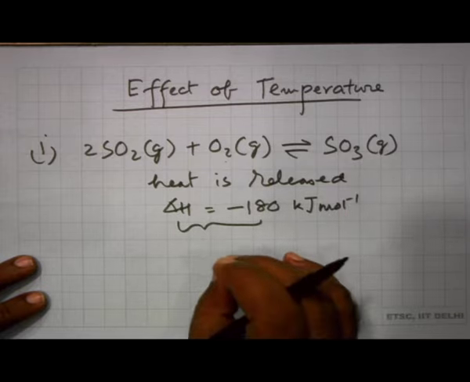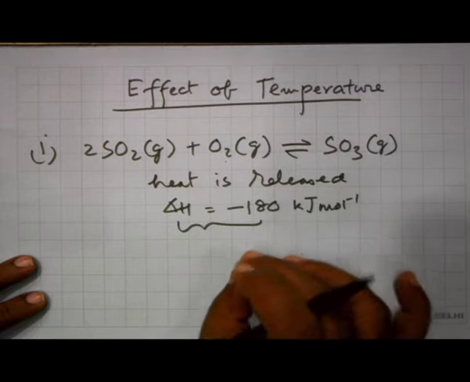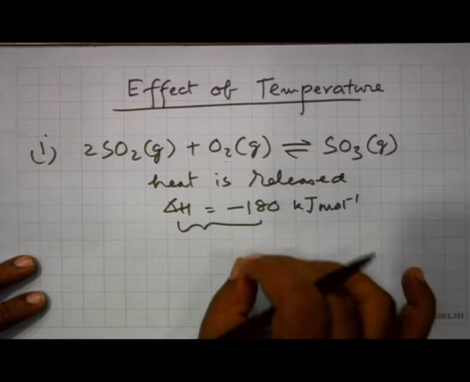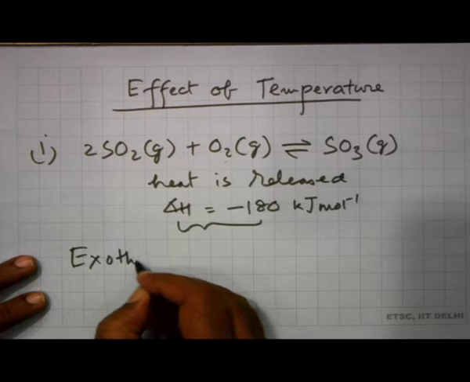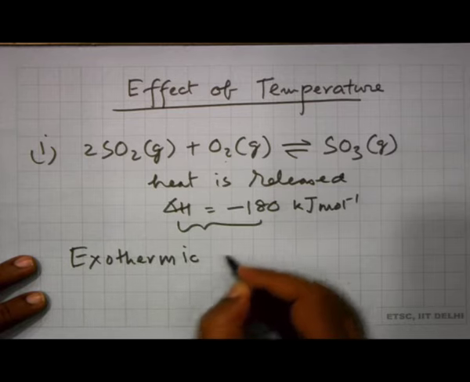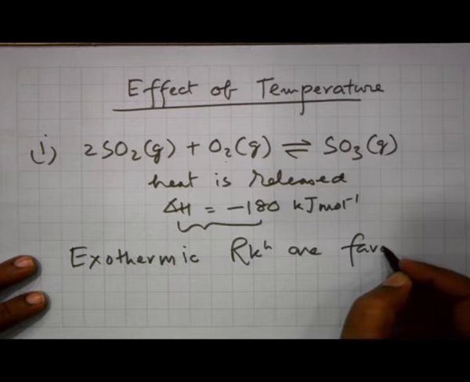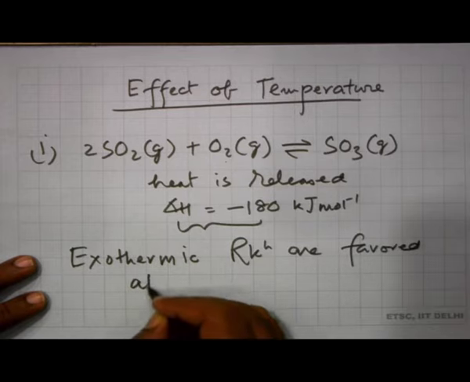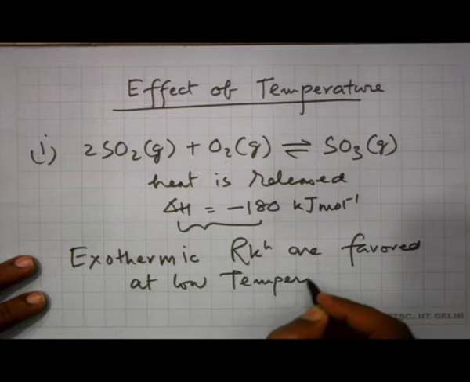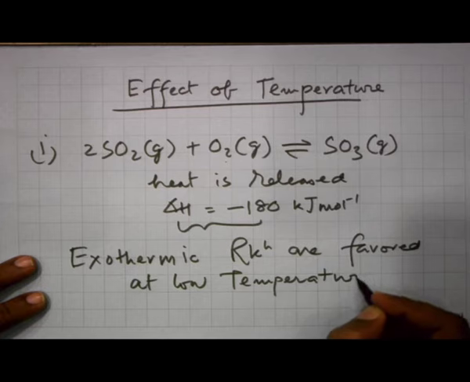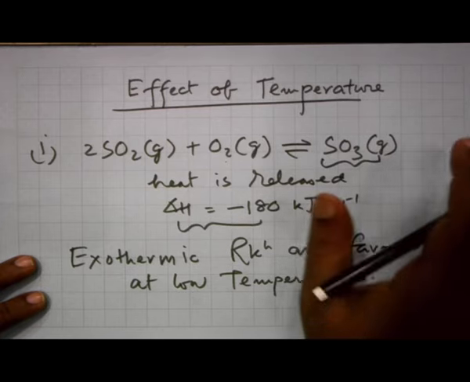We should go to low temperature, we should decrease the temperature, because exothermic reactions are favored at low temperature. So, if we want higher yield of SO3, we should decrease the temperature.